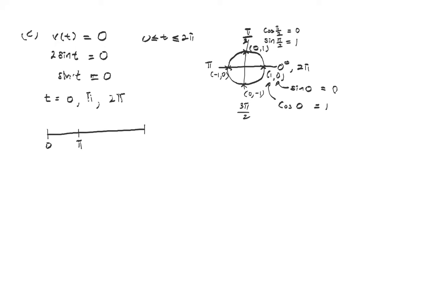Actually I don't have to draw the sign diagram. Okay, you have to know whether it reverses or not. It stops doesn't mean it reverses. Am I right? So this is my Vt sign diagram.